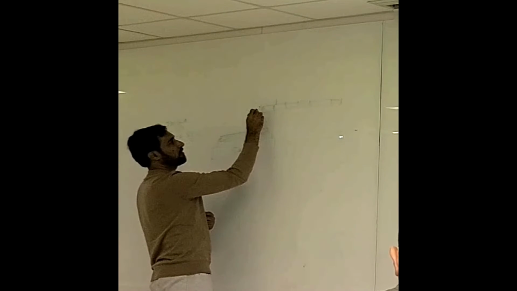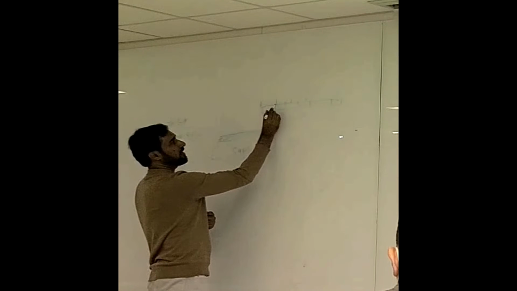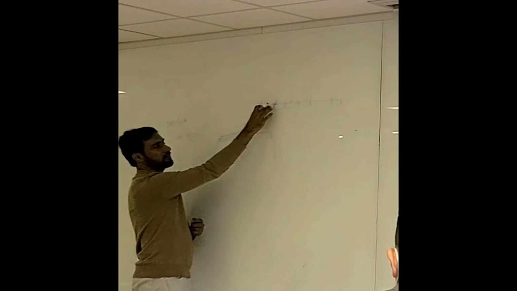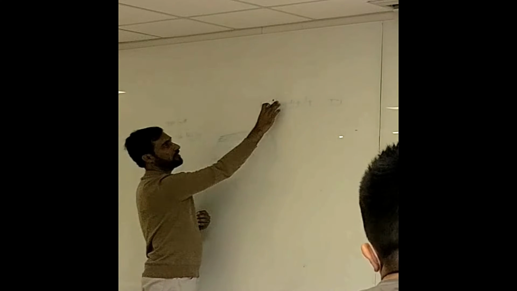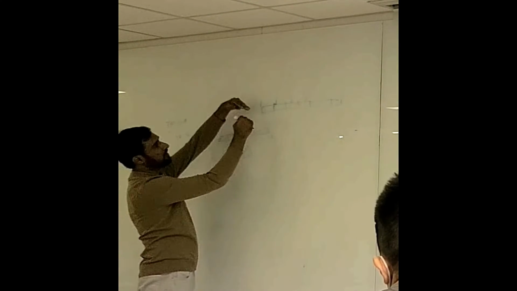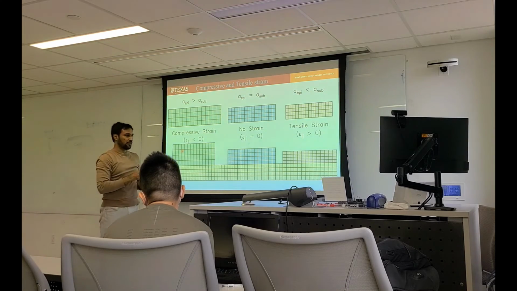It starts in this way. What will it do? It will try to move in this way. So the in-plane lattice constant is strained, and the out-of-plane layer is just elongated. The in-plane is compressed and the out-of-plane is elongated. This is called compressive strain.